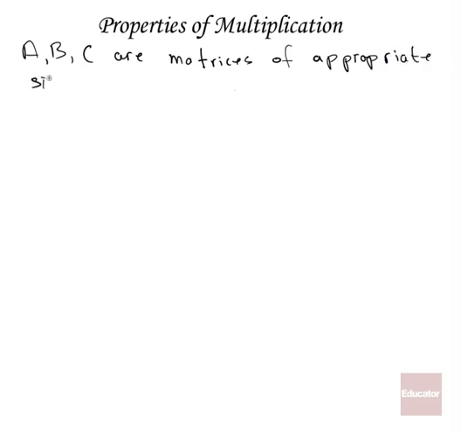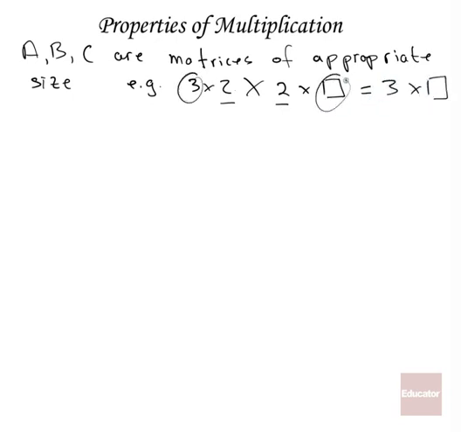If you remember, when we're multiplying two matrices, for example, if I have a 3 by 2 matrix, I have to multiply that by a 2 by some other number matrix. These inside dimensions have to match in order for my final matrix to be a 3 by whatever. My final matrix is the outside. So this is what we mean by appropriate. And again, we're presuming that the multiplication is defined. So A, B, and C are matrices of appropriate size.